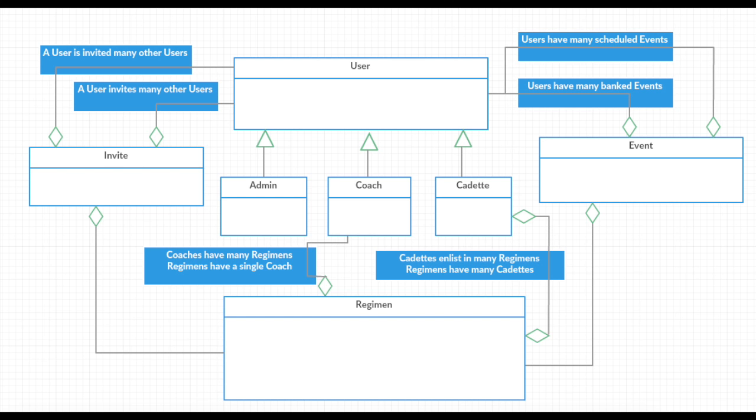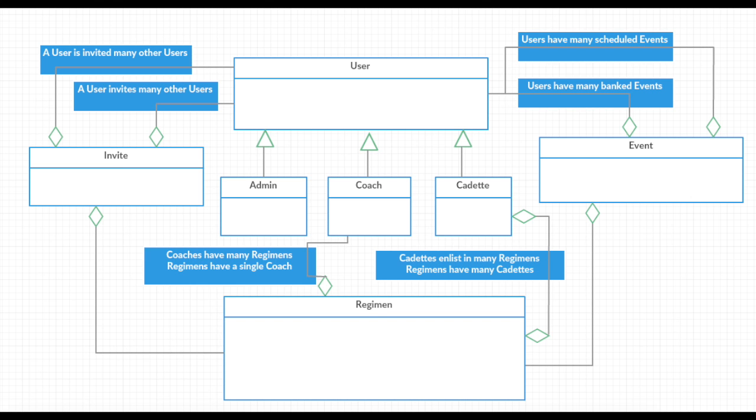So then when I combined the application that I wanted to create with the project specifications, this UML really started to take shape. You'll see right at the top that there are users, and there are 3 different types of users. A user could be any combination of these roles. They could be a coach and a cadet, an admin and a coach, and they could only be one of each also.